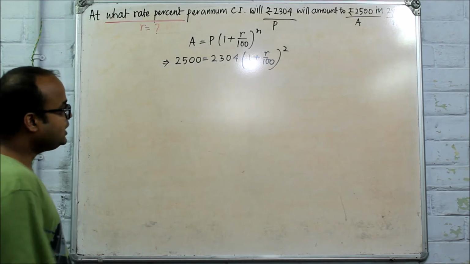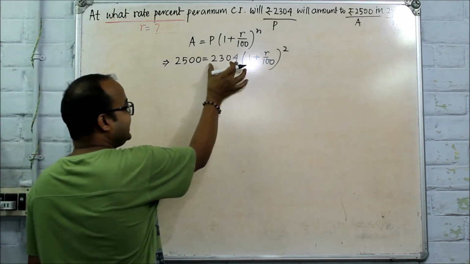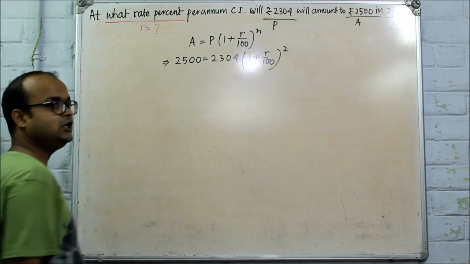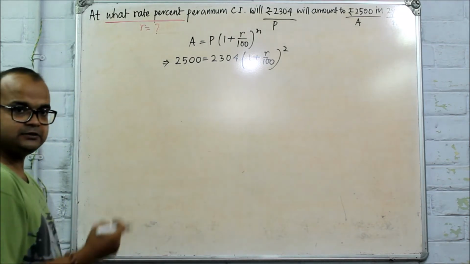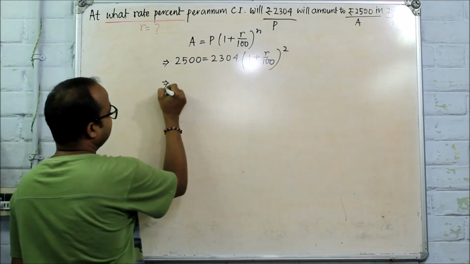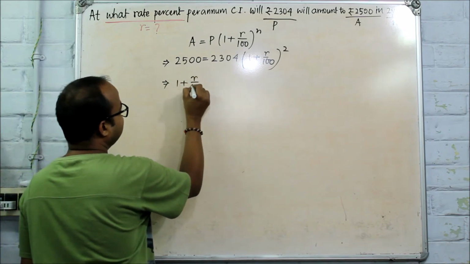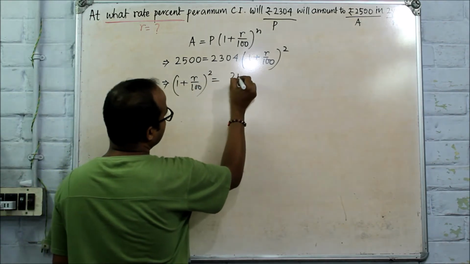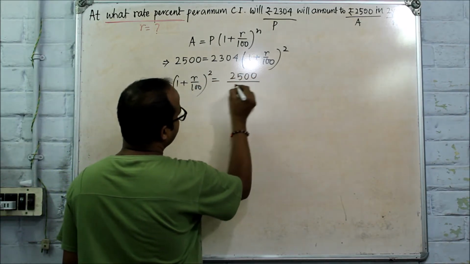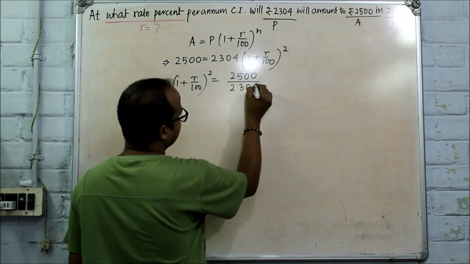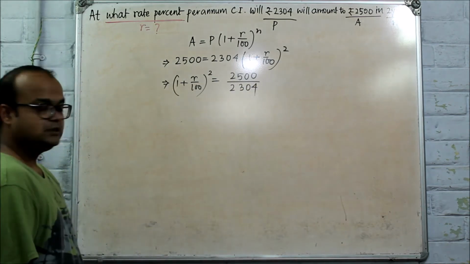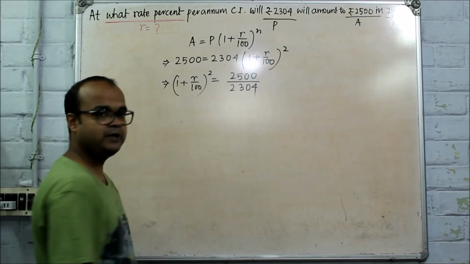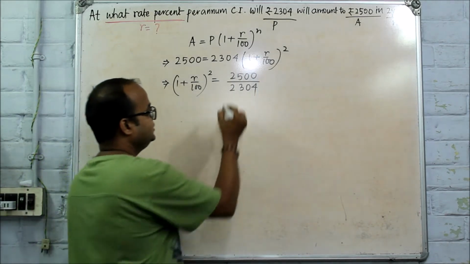Clear? Now first I take this part 2304 and bring it to the other side, so it will be divided. We'll write it as 1 plus R by 100 square is equal to 2500 by 2304. Now first I cancel out the common term and simplify it.